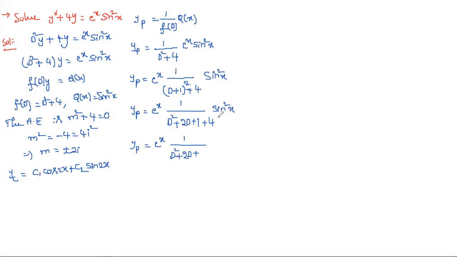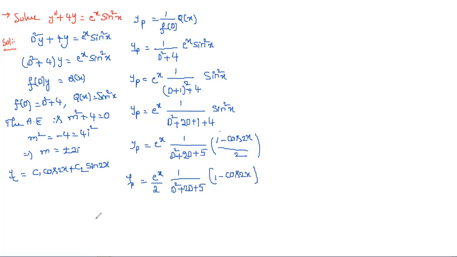But here it is having sin^2 x. We don't have any particular procedure for sin^2 x, so we have a formula and need to convert it into that form. What is sin^2 x? It is (1 minus cos 2x) by 2. This is the formula. Now you can take the 2 outside, then e^x by 2 into 1 by (D squared plus 2D plus 5) into (1 minus cos 2x).